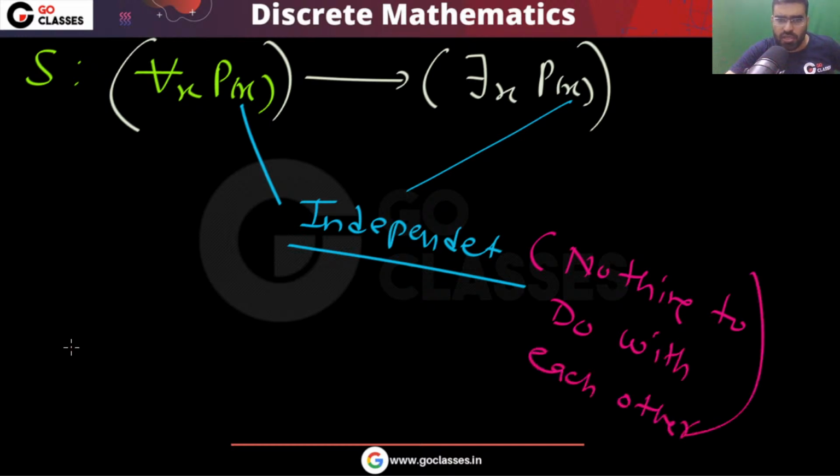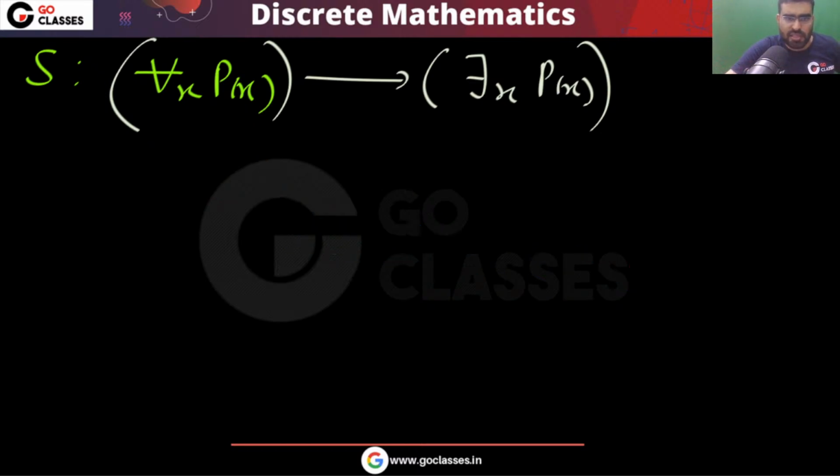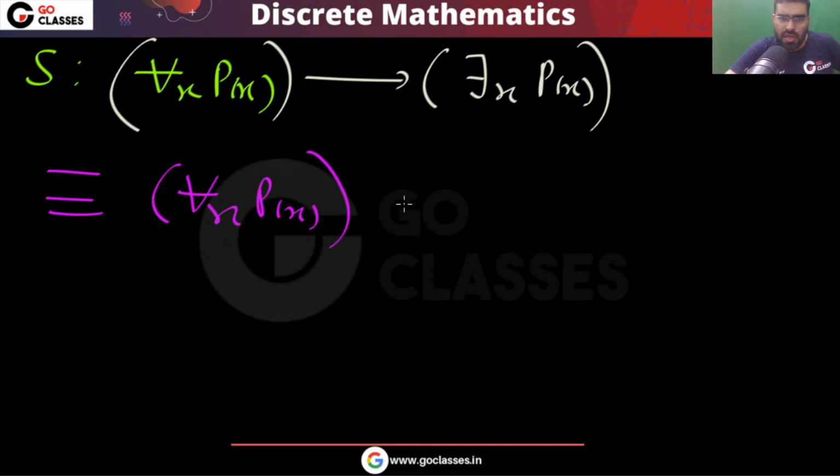This is the scope of this variable x, and this is the scope of that variable x. They are in different scopes, so they have nothing to do with each other. This expression is the same as: for all x P(x) implies there exists y P(y). If you are confused, you can write it like this.